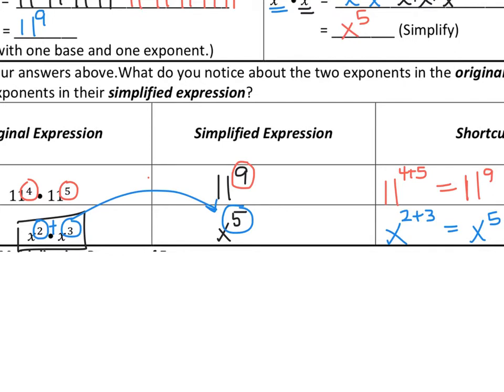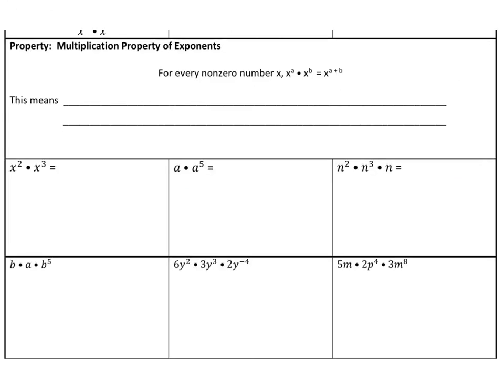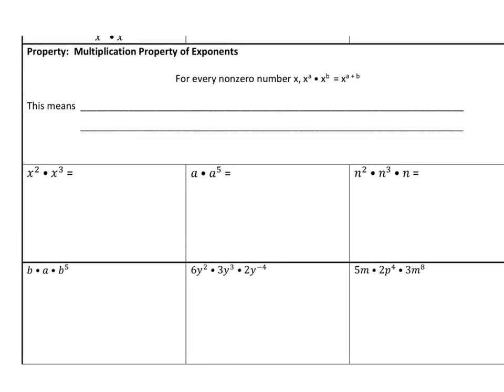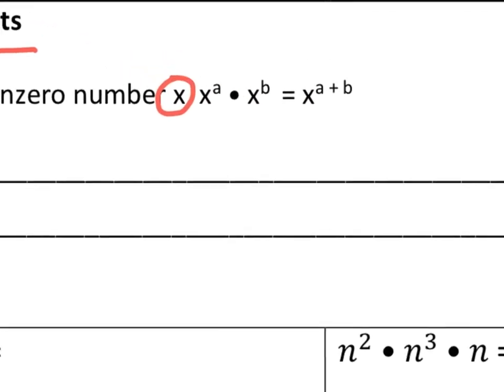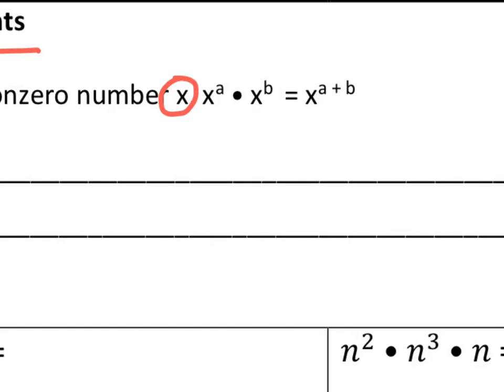So let's take a look at the property, or the general rule, for the multiplication property of exponents. For every non-zero number, that means that x can't be 0, all we do is make sure that our base is the same. We have an x and an x. So we keep the base and we add the exponents as long as the base is the same number or the same letter.